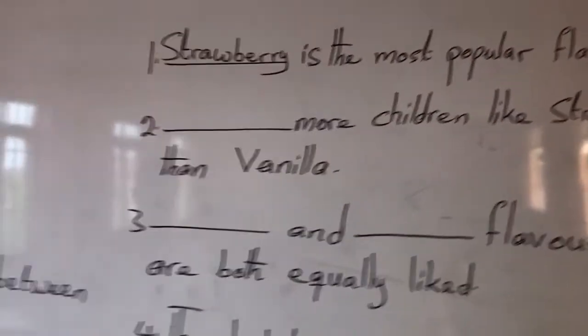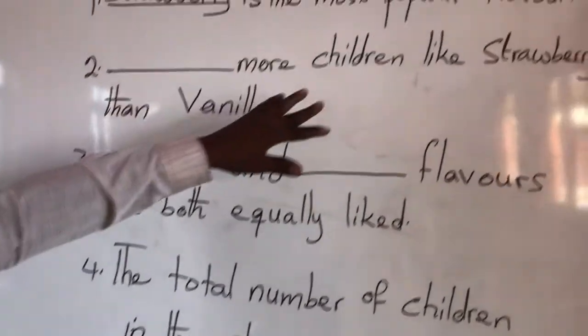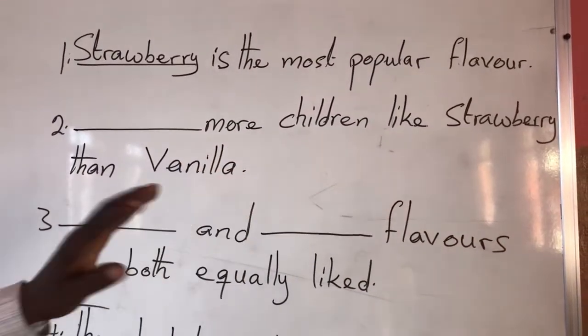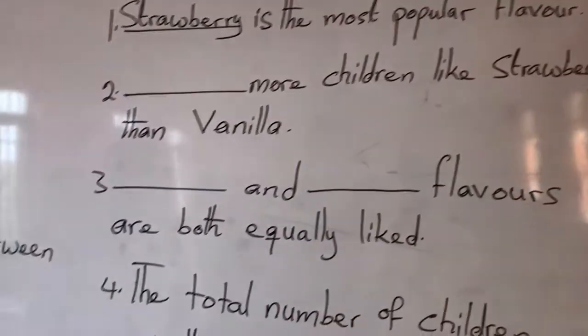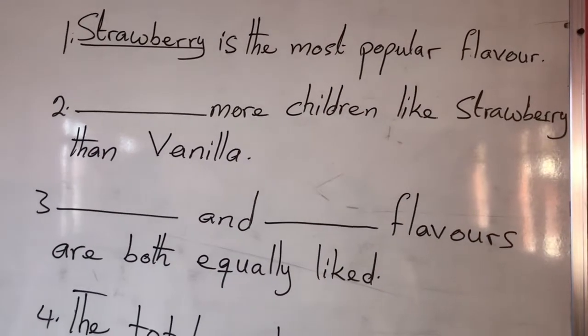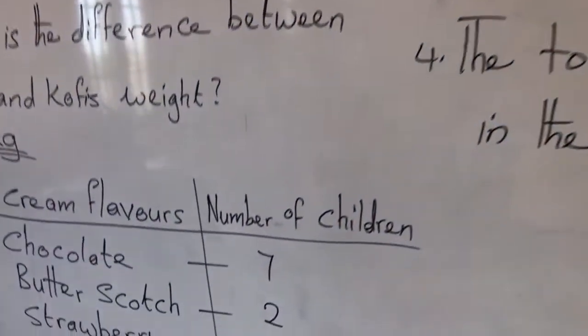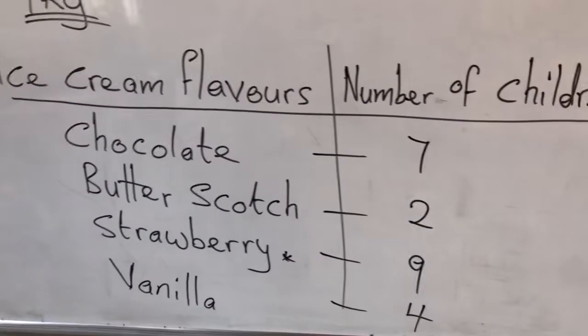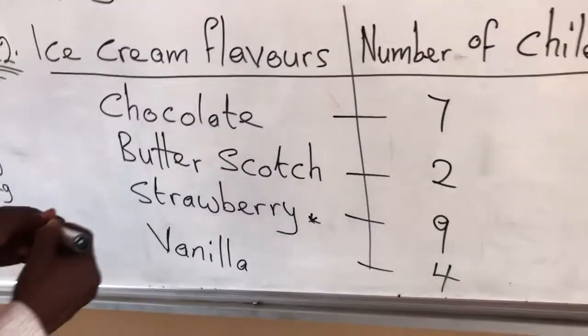Alright, the next one. Dash more children like strawberry than vanilla. What are they telling us? They are just telling us to find the difference between strawberry and vanilla.